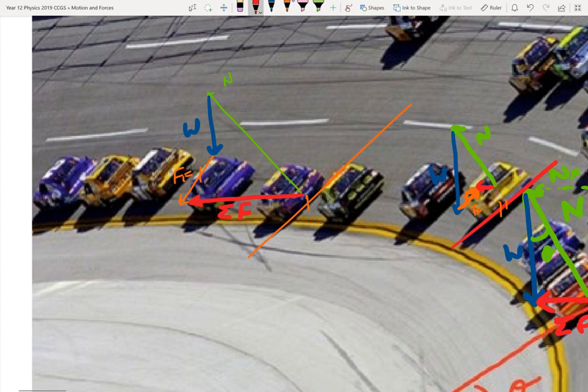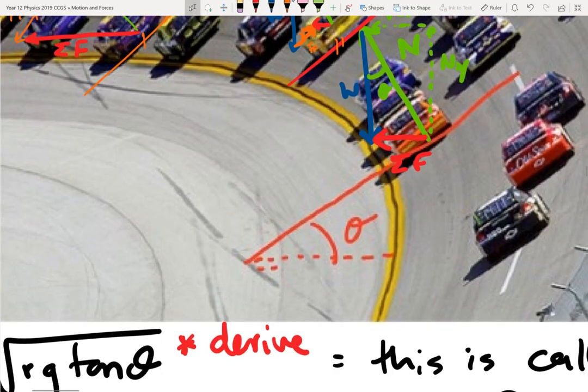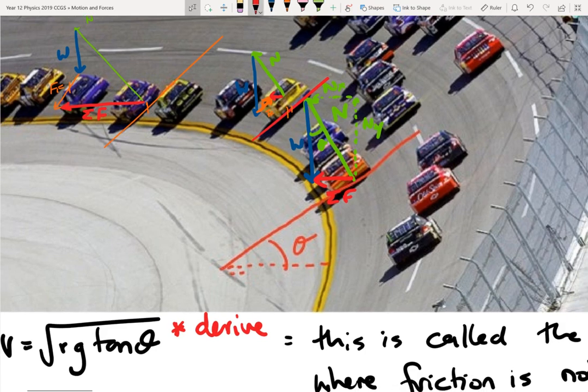Eventually, you're going to have not enough friction, and then you can visualize this green arrow getting larger. That obviously has a limit, and then suddenly it points upwards. If that points upwards, that car is going to be sliding up the road, up the bank. Okay? So, let's just go back to an example, just to put us in refresher mode.